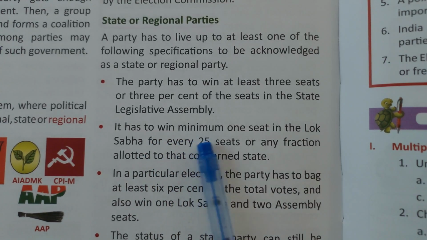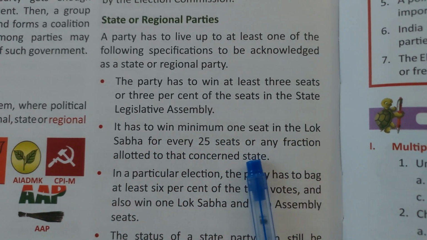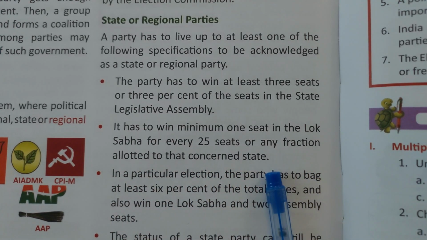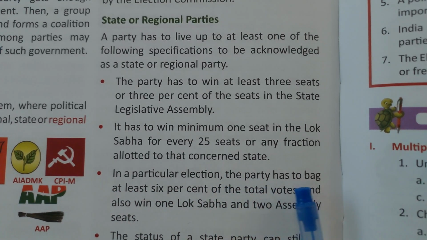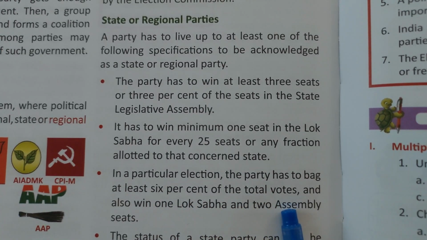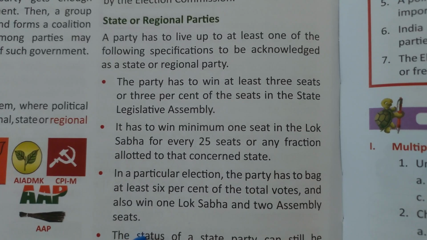It has to win a minimum of 1 seat in the Lok Sabha for every 25 seats or any fraction allotted to that concerned state. In a particular election, the party has to bag at least 6% of the total votes and also win 1 Lok Sabha and 2 assembly seats.